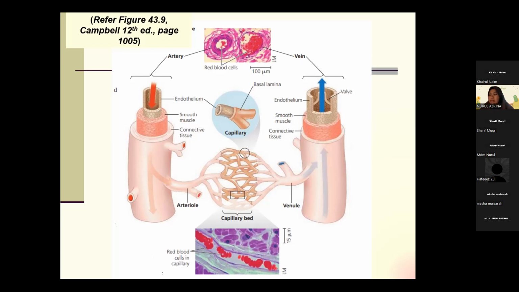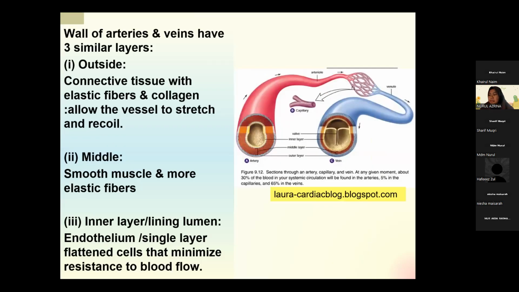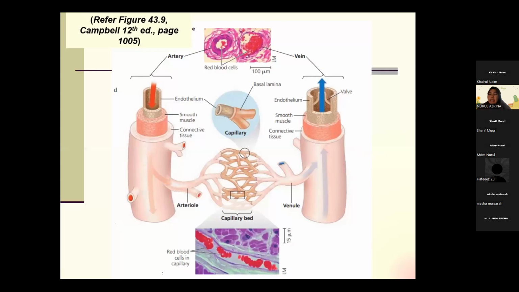Okay, all right. So first, look here. So this is the artery. Right. So the smaller branches of the artery we call arterioles.